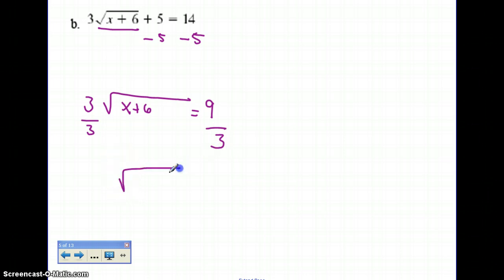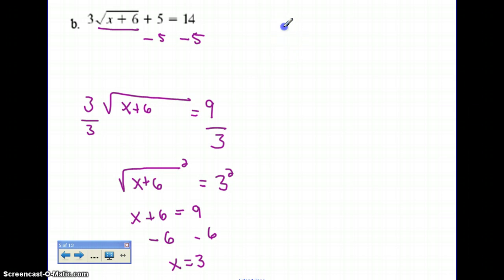Right now I have the square root of x plus 6 equals 3. I want to get x plus 6 by itself, so I square both sides. I get x plus 6 equals 9. Next, I want to get x by itself, so I subtract 6 from both sides. I get x equals 3.